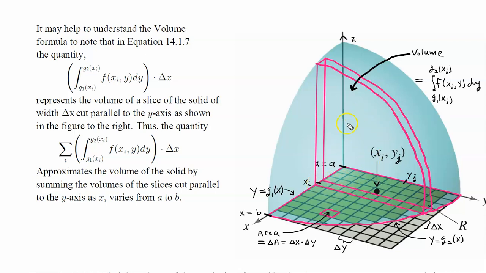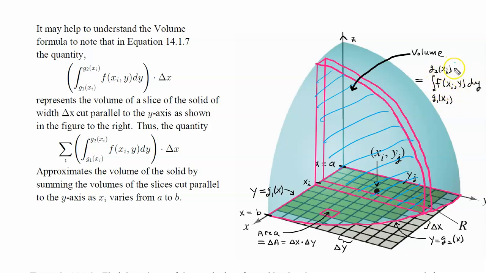The area of this slab, the area of the side of that slab, is going to be the integral of f of xi, where xi is fixed, comma y, integrated with respect to y from g1 of xi to g2 of xi.